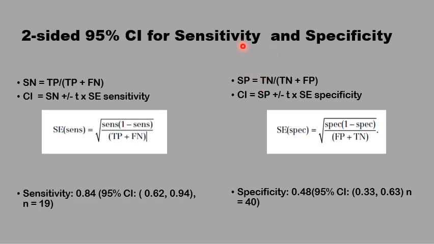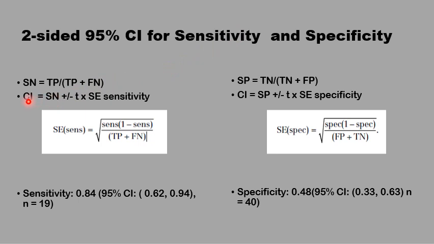The other issue about sensitivity and specificity reporting is that they are often reported as a single figure, like 86% or 90%, whereas it's much more useful to include the confidence intervals, particularly the 95% confidence intervals, with the figure for sensitivity and specificity.